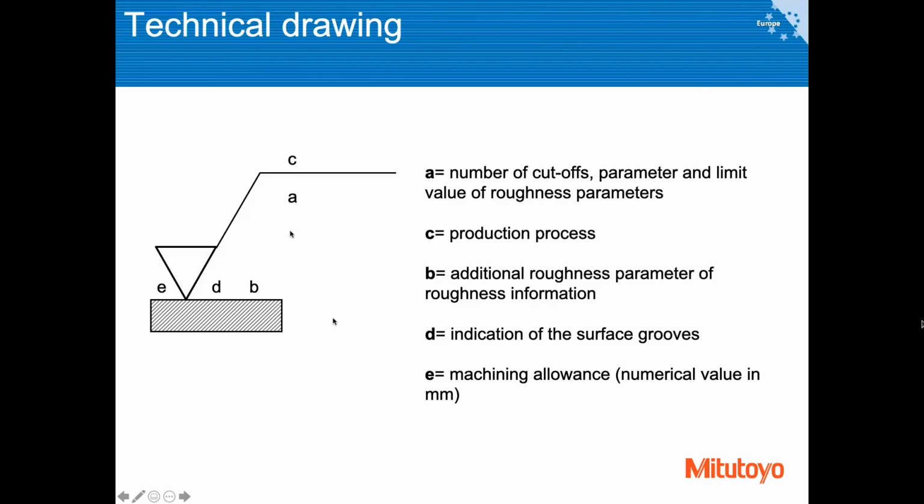D is the indication of the surface grooves. Your surface grooves might be parallel, perpendicular, etc., but we'll get to that. And E is machining allowance. So these are information about the machining process.